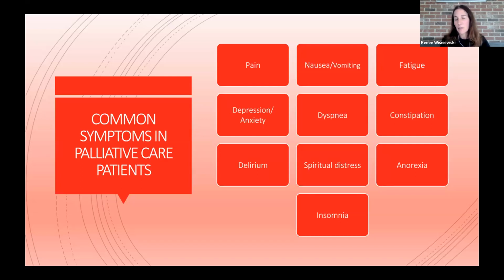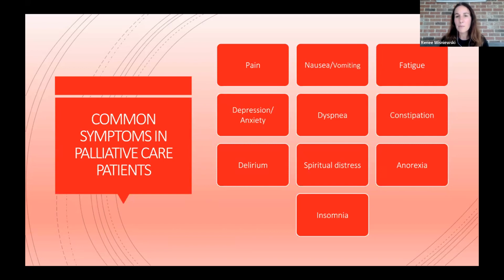Fatigue is present in any chronic illness. Again, depression and anxiety, I think it's important to normalize these emotions in patients who have a chronic illness. They're not abnormal. Feeling depressed, feeling anxious is very normal for patients with any diagnosed chronic illness.